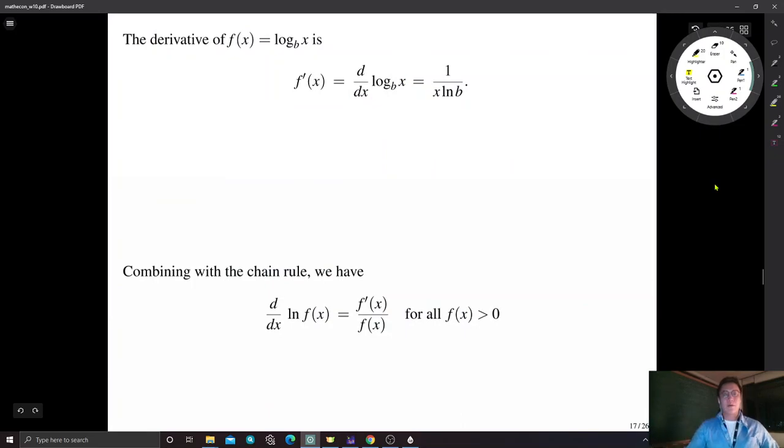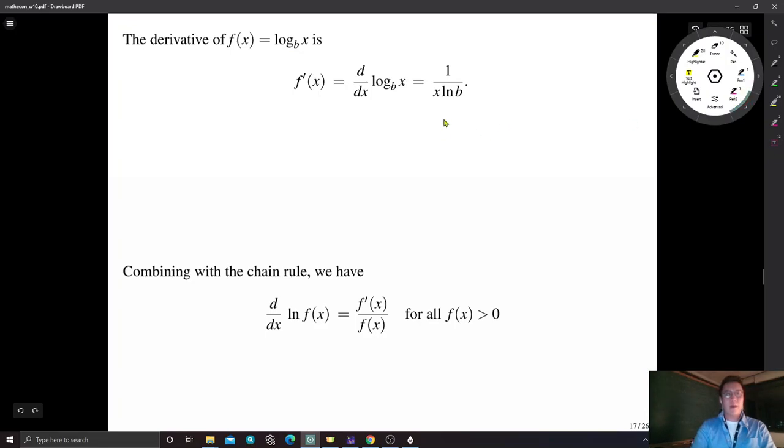All right, but anyway, with that formula, now we can compute the derivative of any logarithmic function. So here f of x is given by logarithm with base b of x. So this does not have to be the natural logarithm. With arbitrary base b, now we can take the derivative of this function.